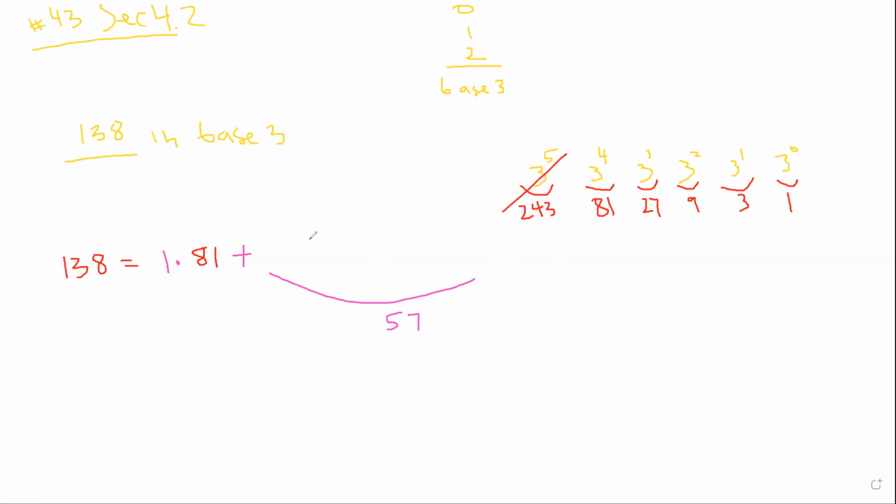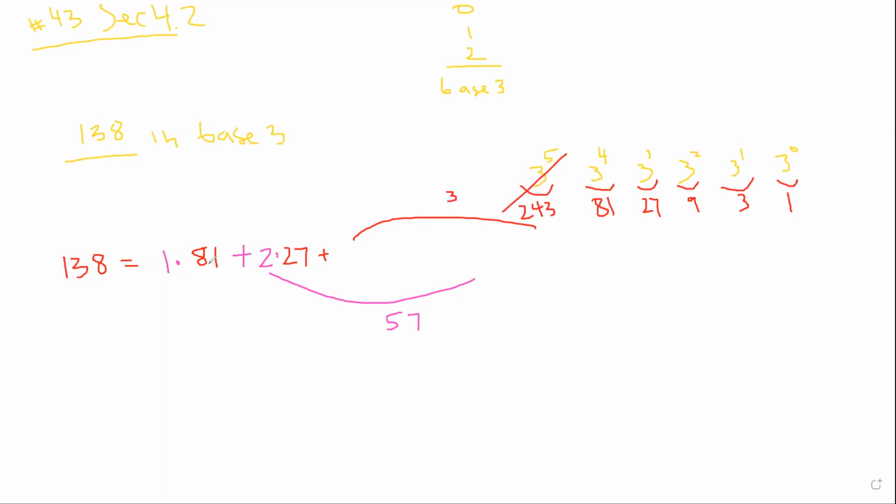So 54, so I'll go twice, right? So twice number 27 will fit in it, because this is actually 54, and then what remains will be just 3. Who wrote 4? It has to be 3.